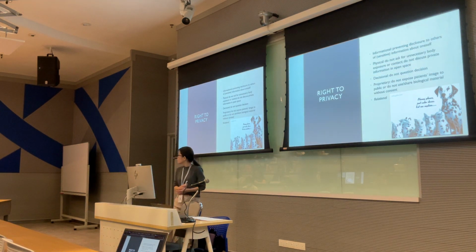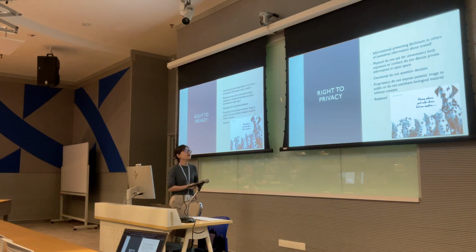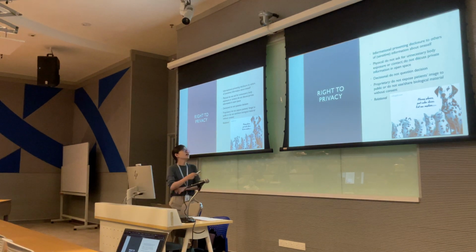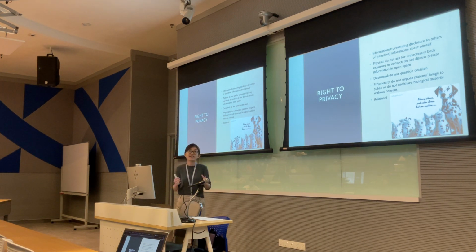And the next one, we will go into privacy. For your information, privacy is different from confidentiality. These are two different things. Privacy is a condition where you limit the access.